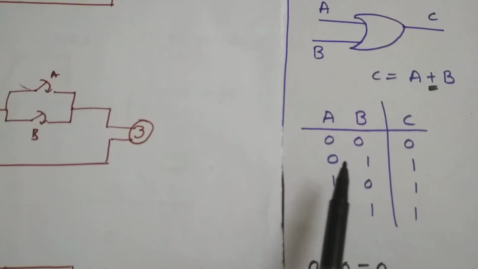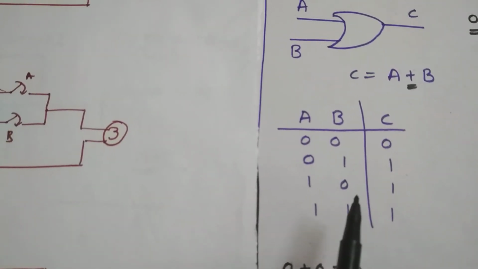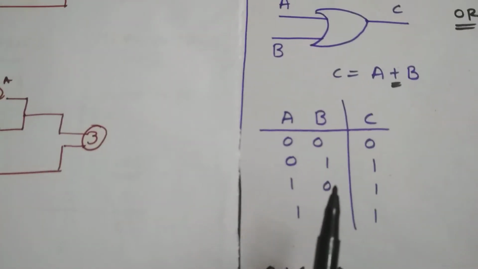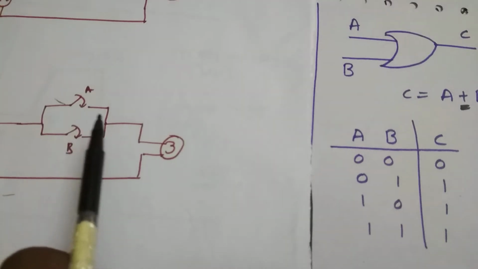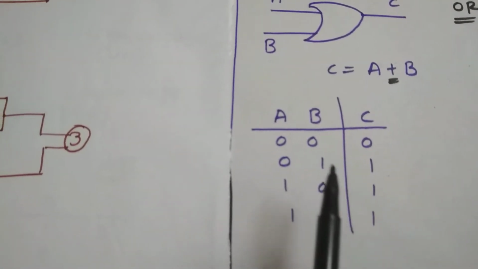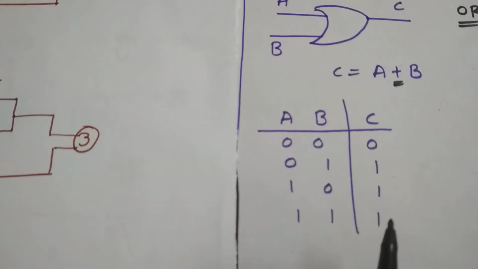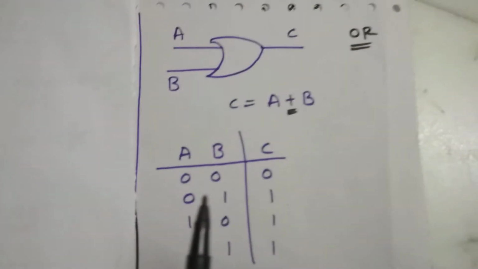When A is 0, B is 1, the bulb will glow because B is turned on and the power will go through B. When A is turned on and B is turned off, the power will go through A and the bulb will be turned on. Similarly, when both are turned on, either way, no problem, the power will reach the bulb and it will be turned on. As you can see, if any one of them is turned on, then we get the value 1. So this is the truth table of an OR gate.